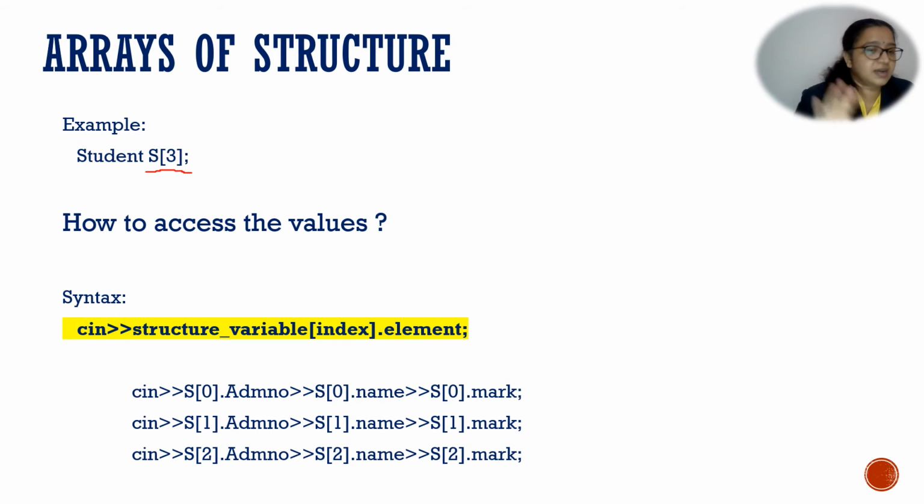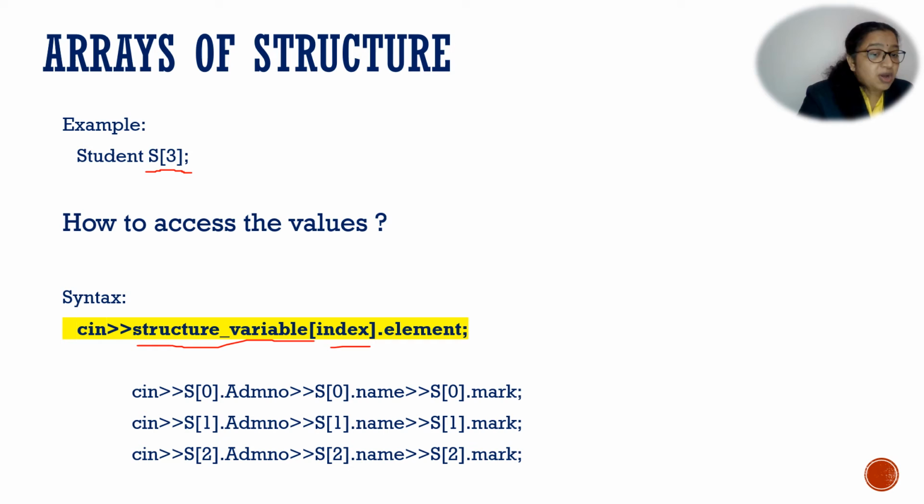Cin, structure variable, then the index number in the square brackets, then dot element. Structure variable, then in the square brackets the index number, then dot element. Here we must use the index number, and only after that dot element. Understood? Yeah. See the example.